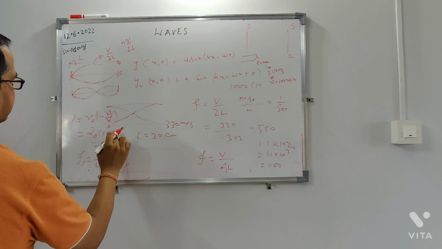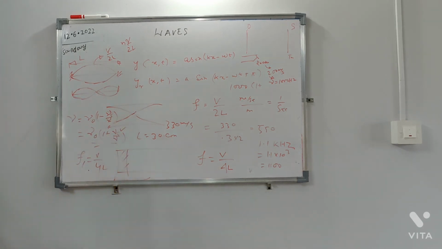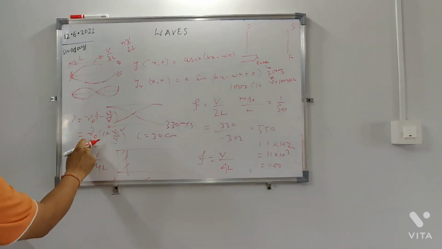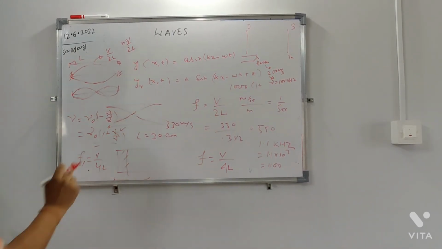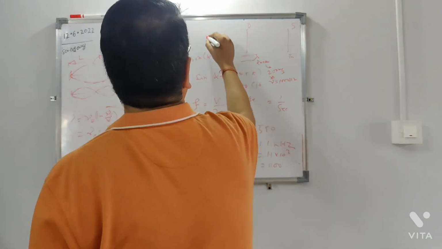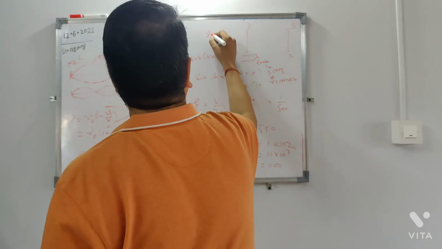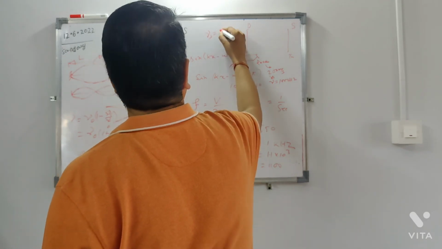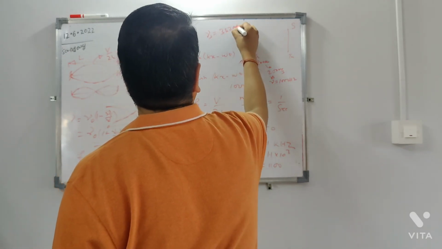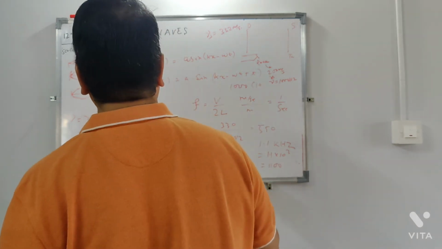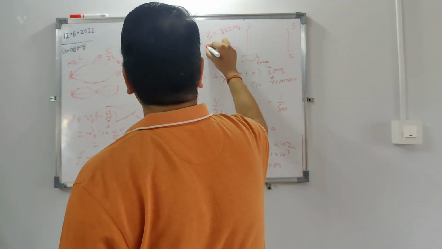The velocity of sound is 332 meter per second, then the velocity of rocket.